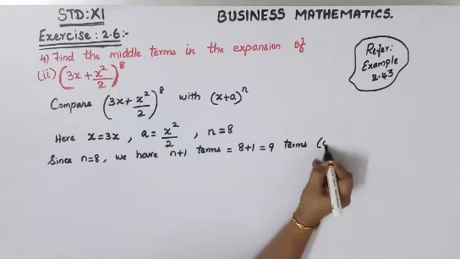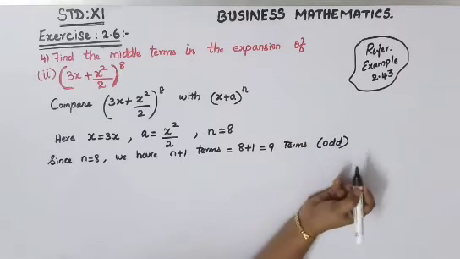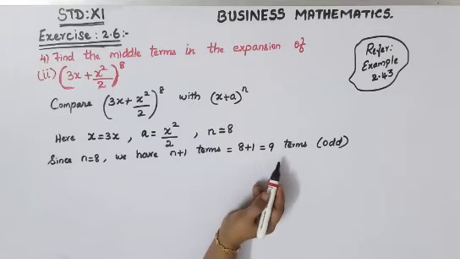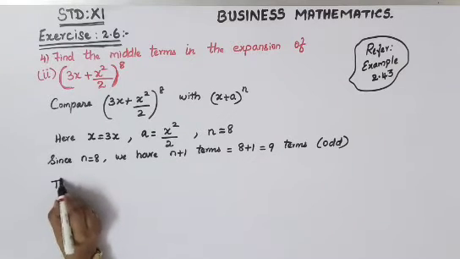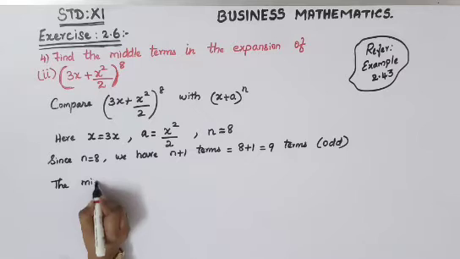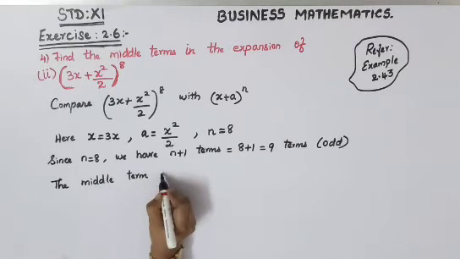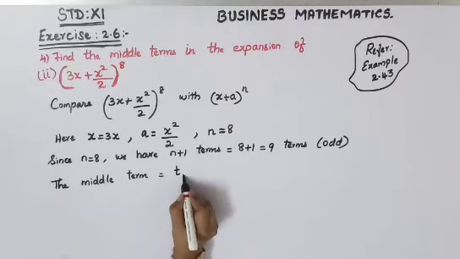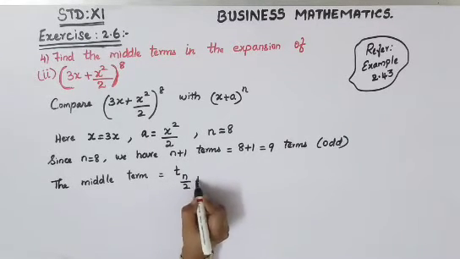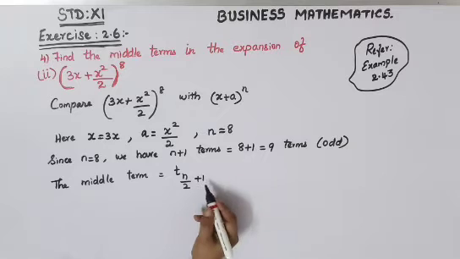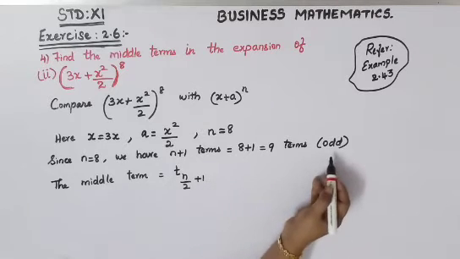So 9 is an odd number, so you can declare that it is an odd number. For an odd number you will have a formula, the middle term is T(n by 2 plus 1). So T(n by 2 plus 1) is your middle term when your number is odd.